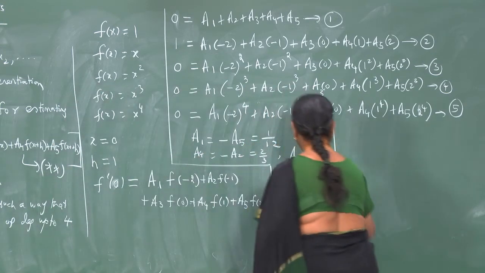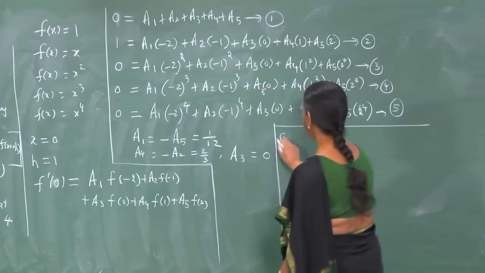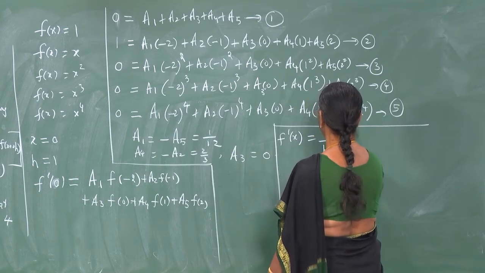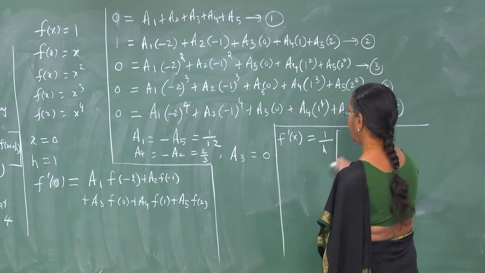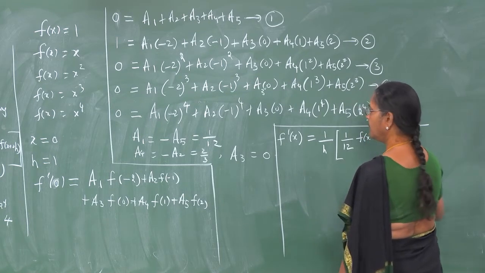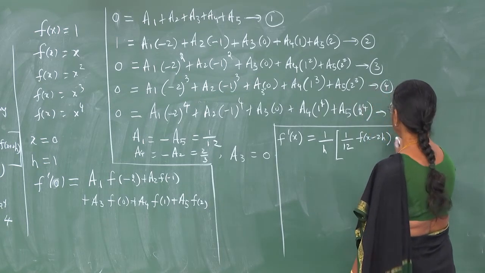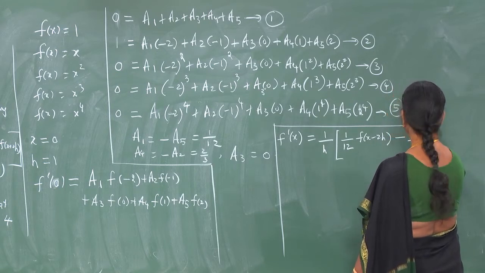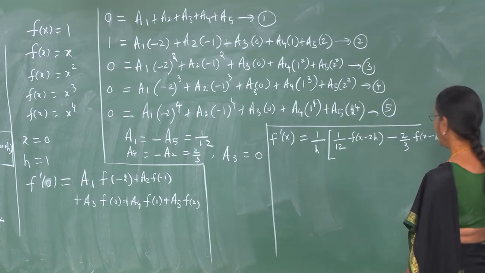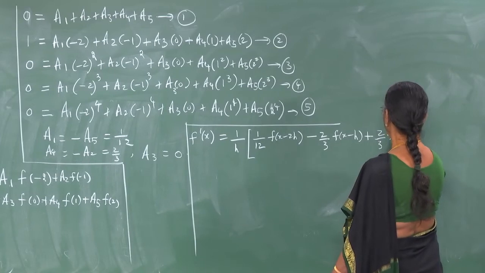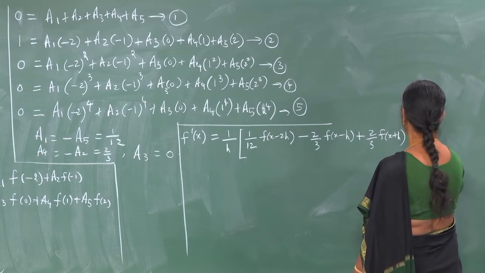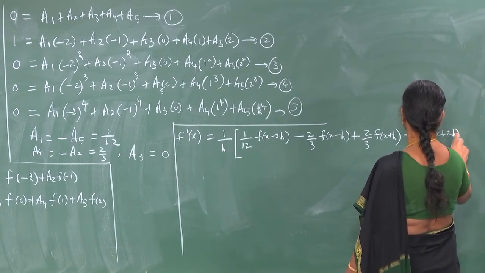So, this tells you that you have a differentiation formula for f prime x such that it is 1 by h into a1, a1 is 1 by 12 into f at x minus 2h plus a2, that is minus 2 by 3 into f at x minus h plus a3, that is 0, plus a4, which is 2 by 3 into f of x plus h, then plus a5, minus 1 by 12 into f at x plus 2h.